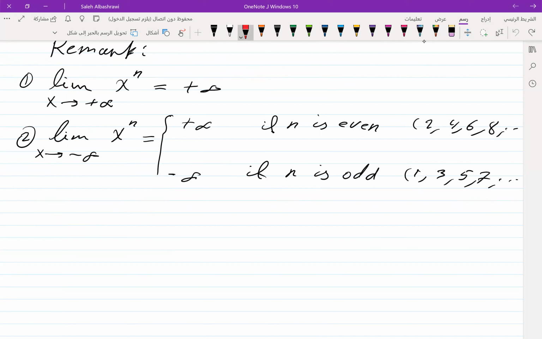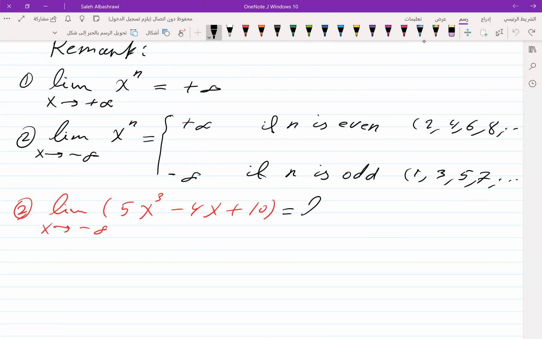Applying this to more examples. Example number 3 is find the limit of the function 5x to power 3 minus 4x plus 10, where x goes to minus infinity. So as we said, for the polynomial, we are taking the limit of the highest power.